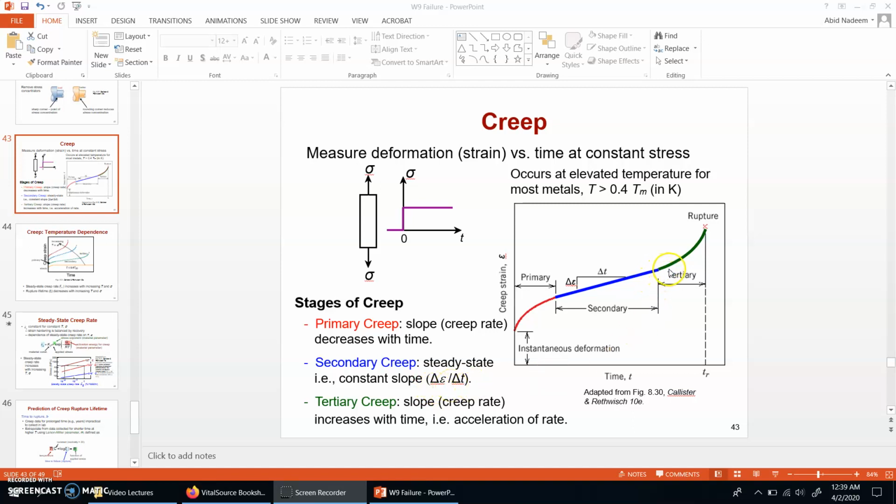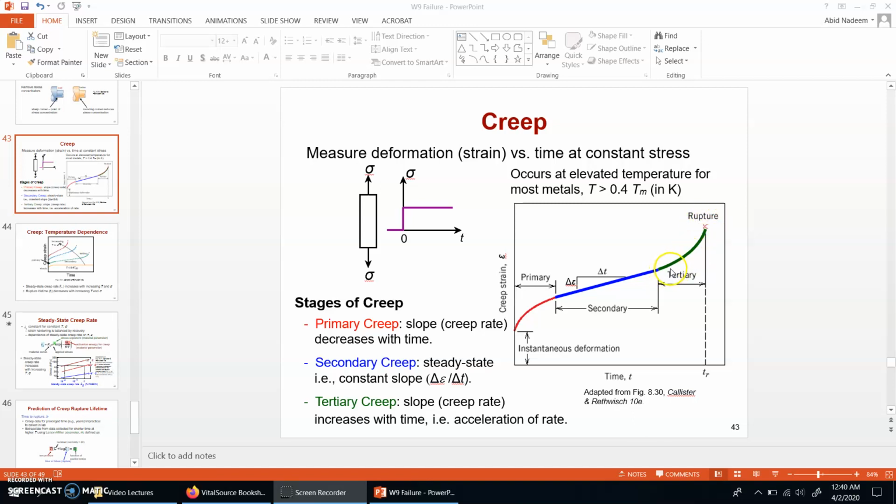And in the end, in the tertiary region, the strain rate keeps on increasing until the creep specimen breaks down. When the breakage takes place, this failure is normally called the rupture.